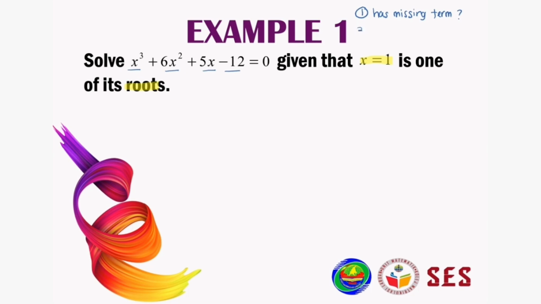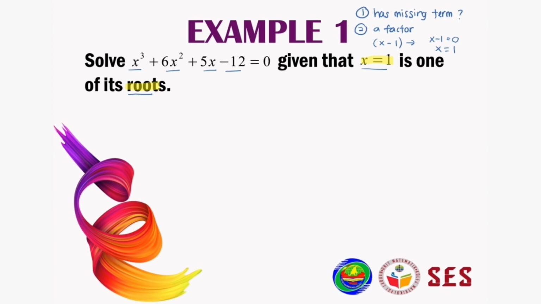Secondly, we need to have a factor, which we get from the information given, where x equals 1 is the root. Therefore, we transform this root into factor form, where we write x minus 1 as the factor for this equation. Because from this, we will have x minus 1 equals 0, and this is where x equals 1 becomes the root of this equation.